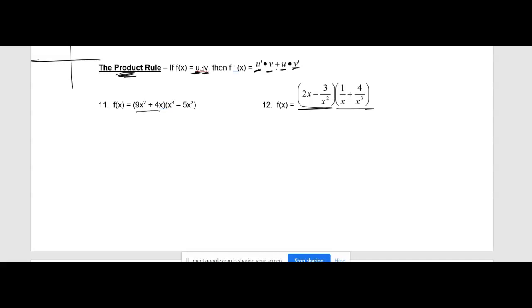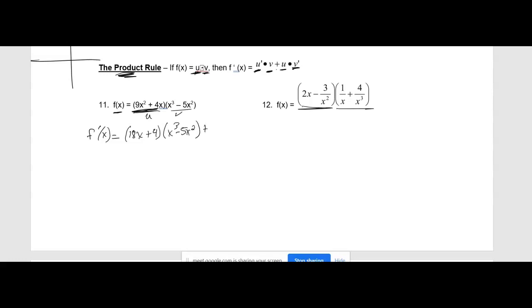So if we look at number 11, this is F, so I'm going to write this as F prime of x. This is considered our U, this is considered our V, our first term and our second term. So we want the derivative of the first term, so 18x plus 4 from our rules above. The second quantity we just leave alone, so you just rewrite it.